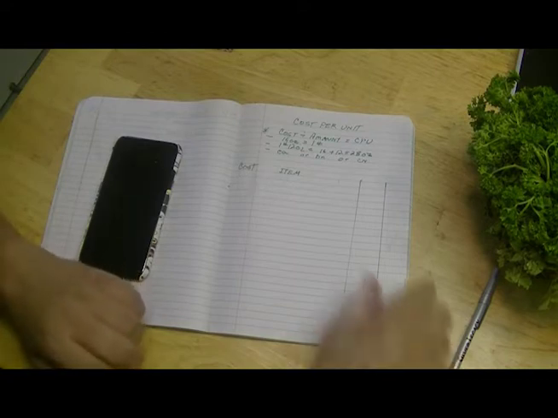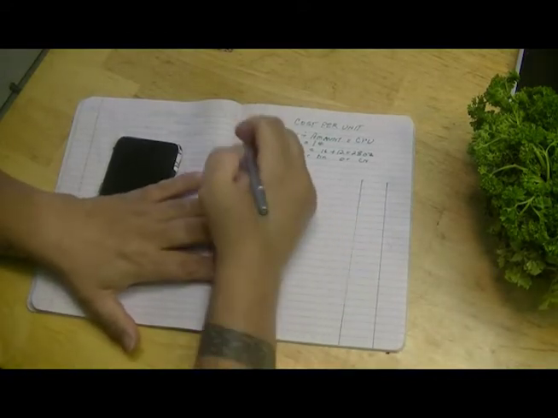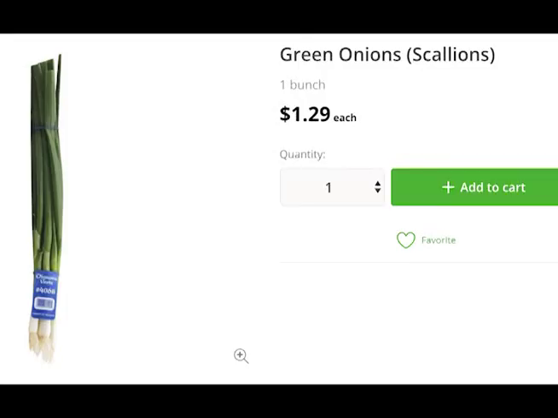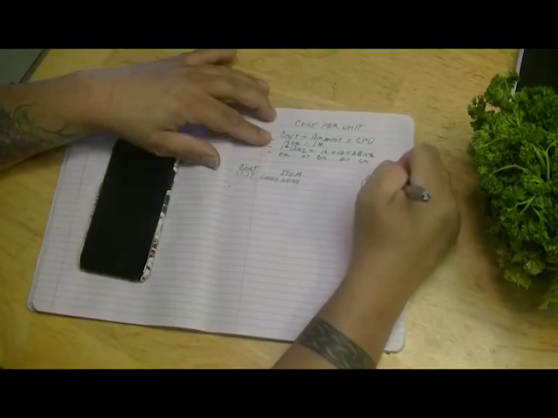All right, so we're going to be keeping a record here of things that we buy, how much they cost. This way you don't have to figure it out over and over and over again. Onions, $1.29 each. Well, they mean $1.29 for a bunch. So we write in under cost, $1.29.